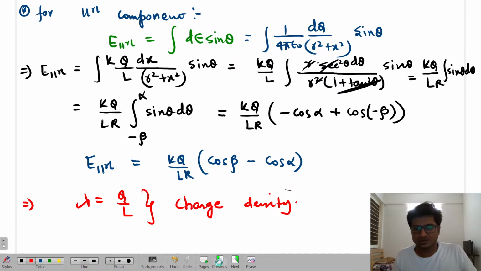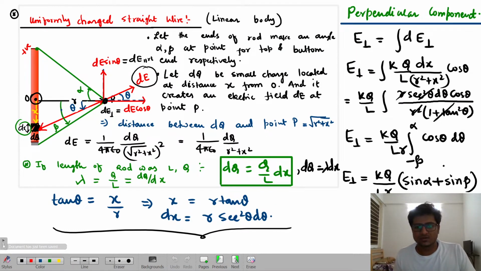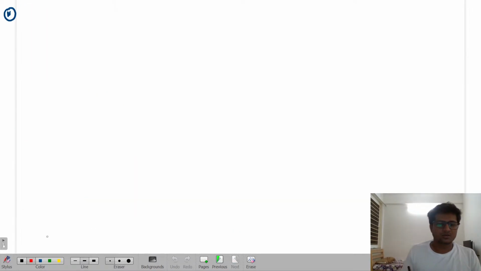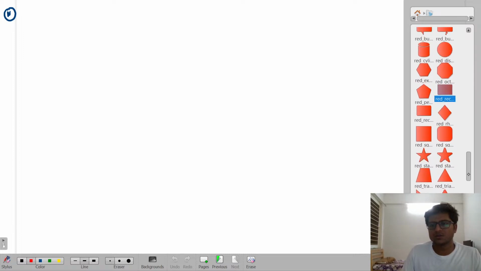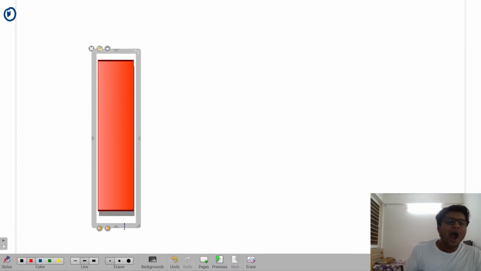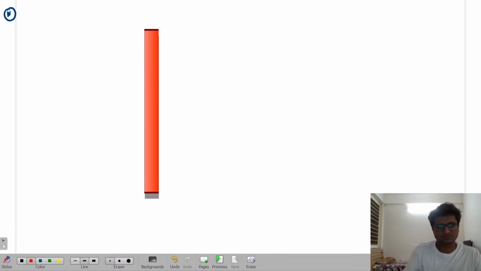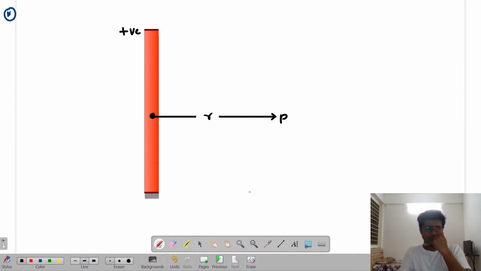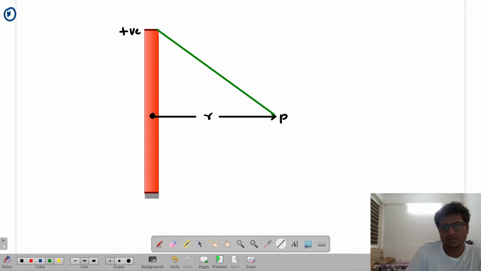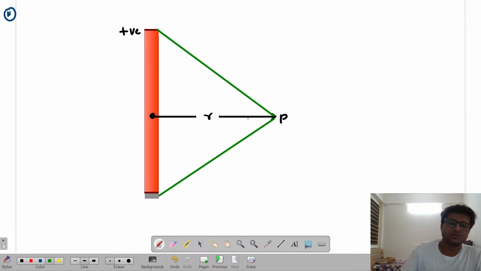So let us have a quick check for that. If I have any kind of rod which is positive in charge, a positively charged rod, and I want to find the electric field at a distance r, not from the origin of the rod, not from the center of the rod, but at some random distance, then the ends will subtend the upper angle alpha and the downward angle beta.